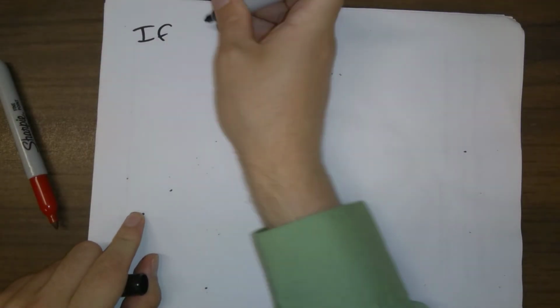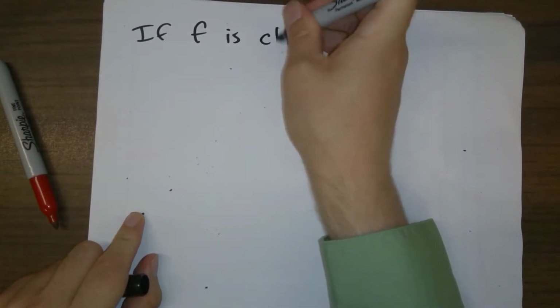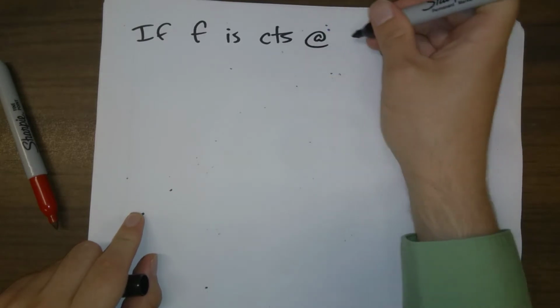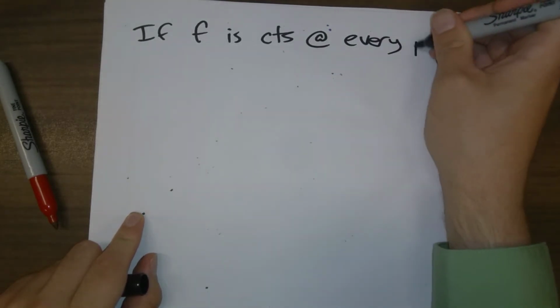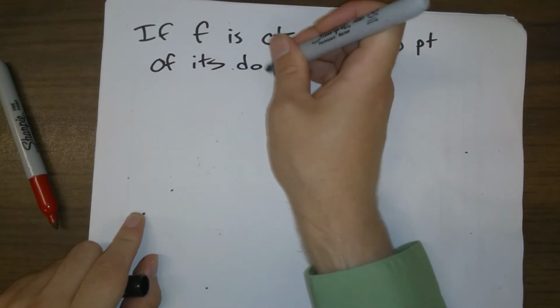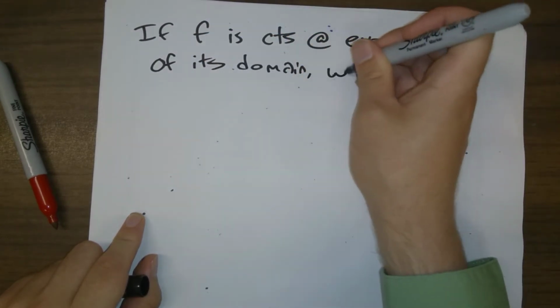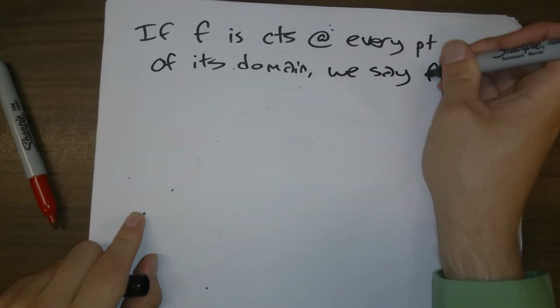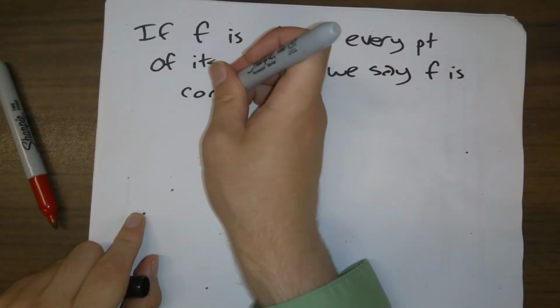To extend the definition of continuity, we'll just say that if f is continuous at every point of its domain, we say f is continuous.